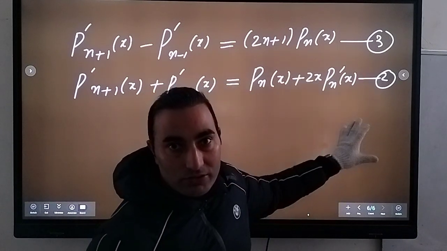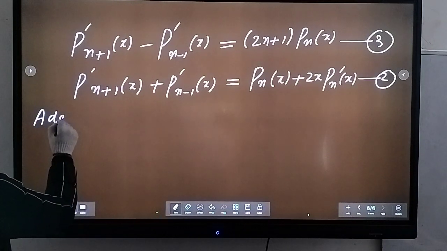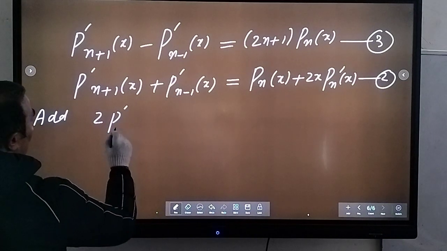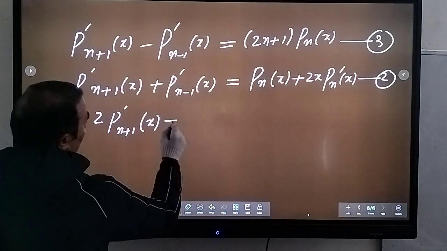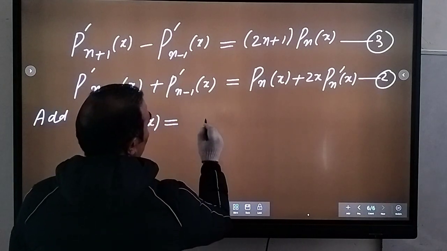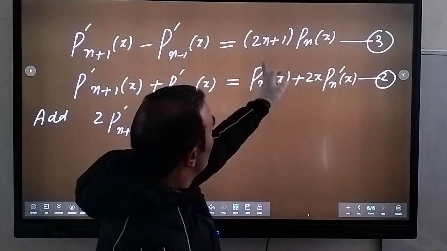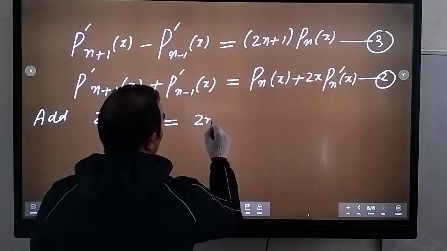So if you add these equations, so if I add these, I will get that twice. That will be equal to, so what should I get on the right hand side? So this is 2n plus 1 pn of x, this is pn of x, so this will be 2n plus 2.